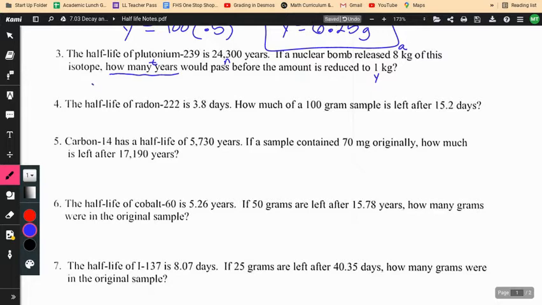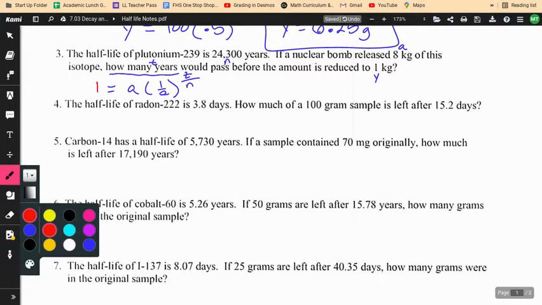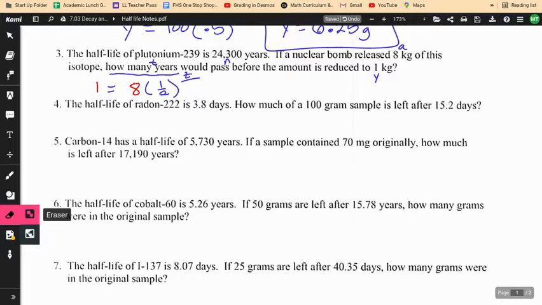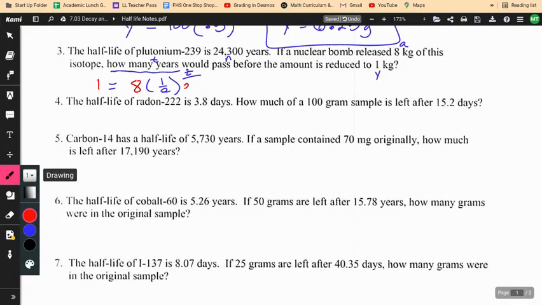I have Y equals A times 1/2 raised to the power of T divided by N, and I substitute. I know what my Y value is, it's 1. I know what my initial value is, it's 8. I know what the value of N is, it's 24,300. And so this is the equation I'm going to use here in a little bit to solve that problem.